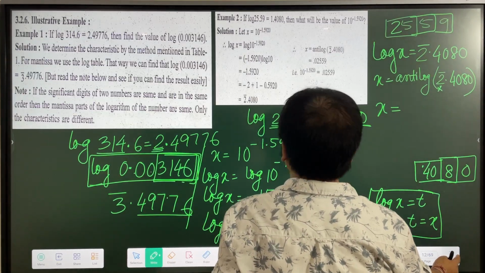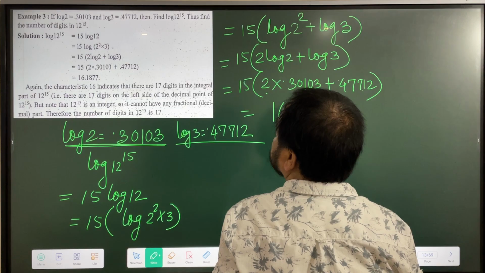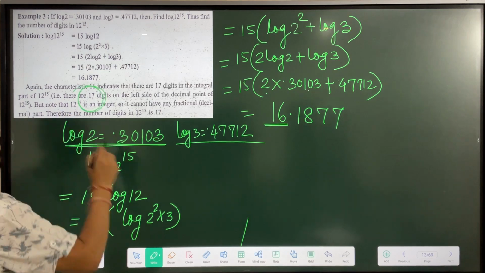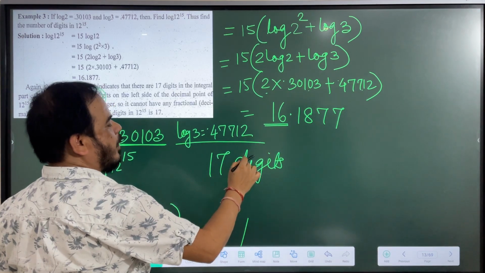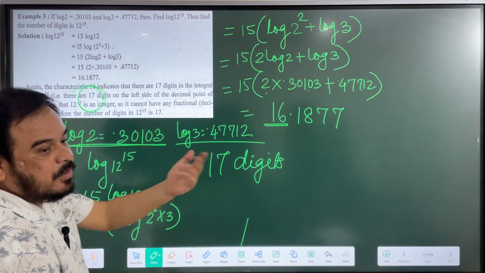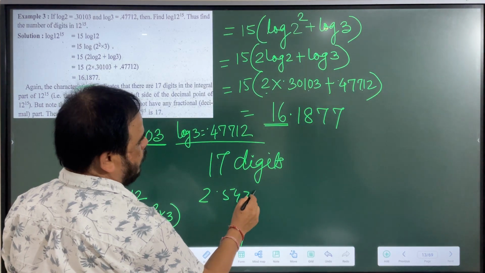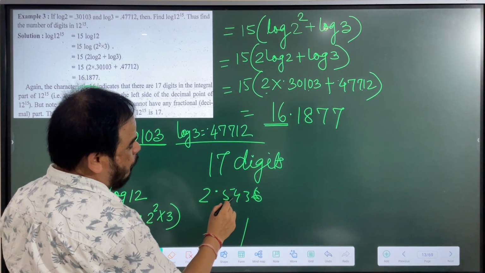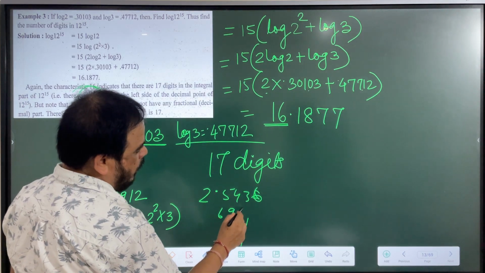So same thing. Here, characteristic is 16. That means before decimal how many digits you will get? 17 digits. Whatever numbers, before decimal you will get 17 digits. If it is 2.5436 like that, suppose from the log table we have got the value of 0.5436. So suppose 6932 we have got.